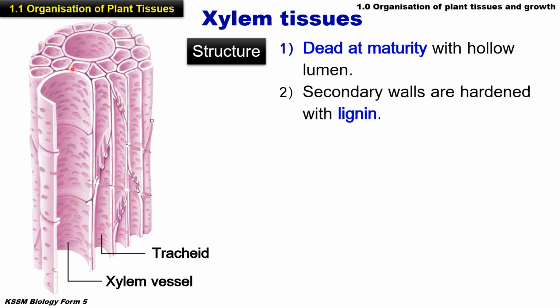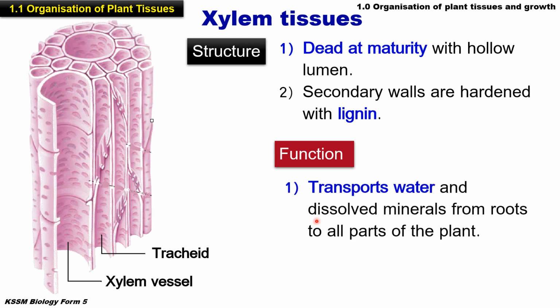So dekat sini dia punya secondary wall ni dia keras. Okay, why it become hardened? Because it's made up from the lignin. Okay, and then the function. Function for the xylem tissue to transport water. Okay, and also provide the structural support because the secondary wall is hard.